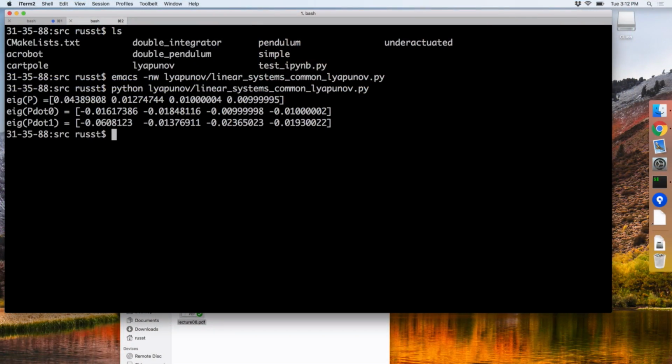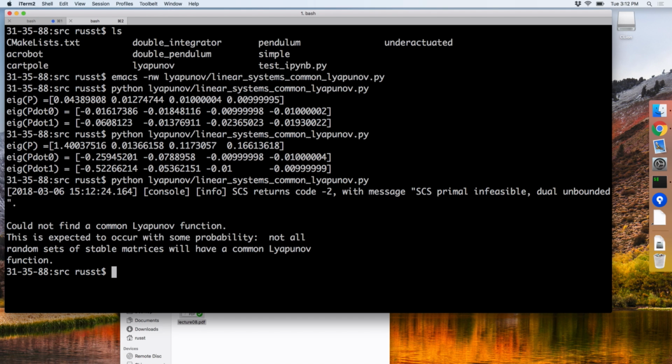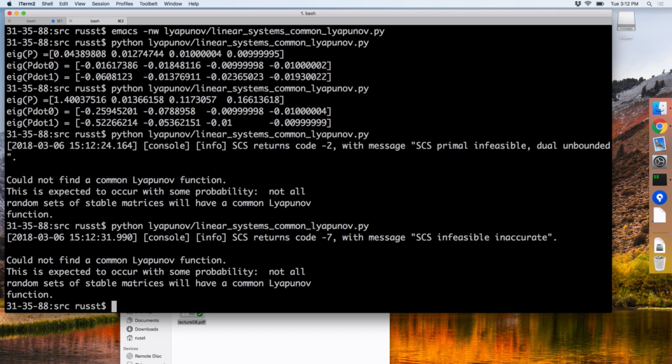And then this P dot is my shorthand for the negative definite condition, and they're all negative definite. But the interesting thing is it doesn't work every time. So there you go. See. It works a lot of the time. And of course, this is harder than what you'd have in practice, right?